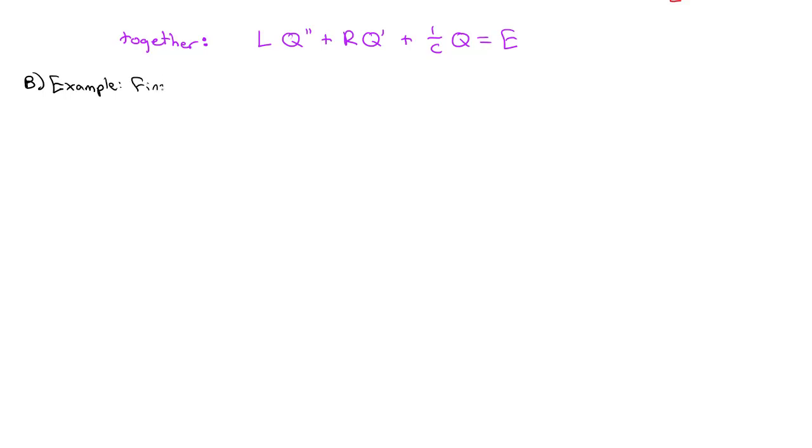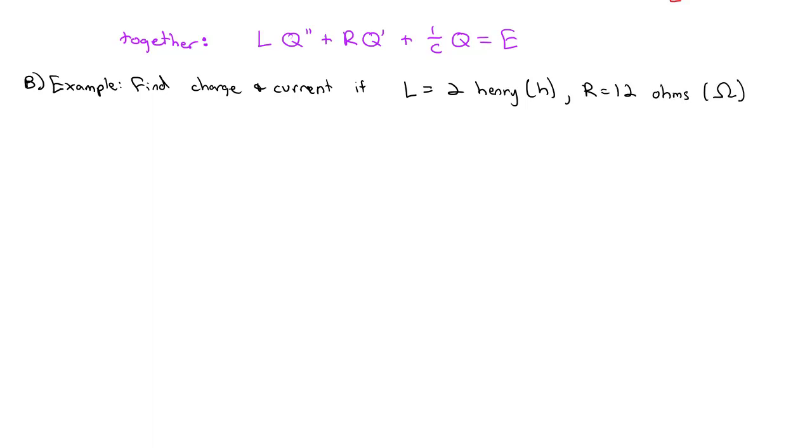Let's find the charge and current if L is equal to 2 henries. We'll often use H for henries. And R is equal to 12 ohms. We often use omega to represent ohms.